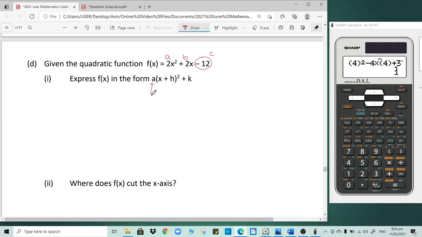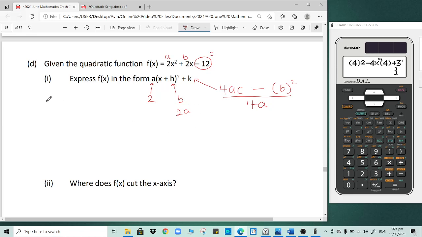So we know A is 2. To calculate h, we have to use the formula b divided by 2a. To calculate k, we have to use the formula 4ac minus open brackets b squared, and the whole thing is divided by 4a.